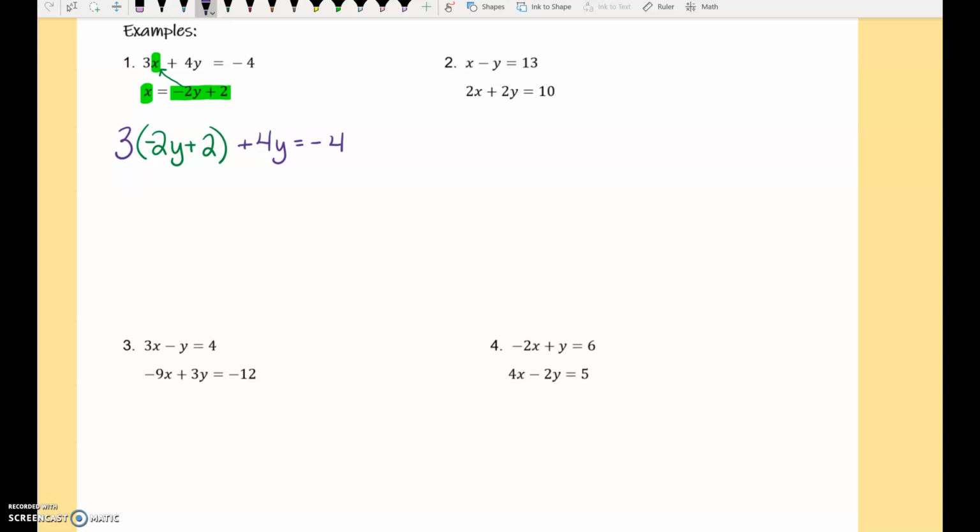Once you have that stuff substituted, now this is an equation that you need to solve. What do you think we're going to do with the 3? Distribute. So we have negative 6y plus 6 plus 4y equals negative 4. Combine like terms, that's negative 2y plus 6 equals negative 4.